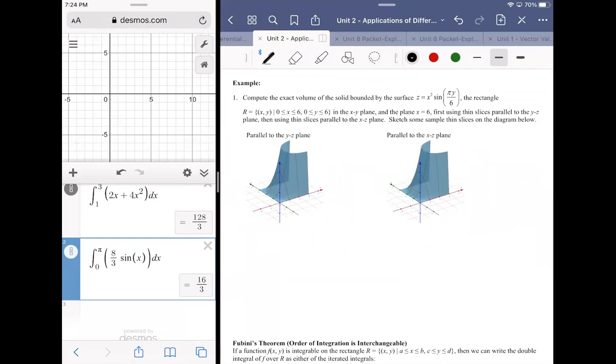Now, I wanted to take a minute and show you how you type in a restricted domain using GeoGebra, but it'll take me going over to a laptop or a computer screen. So just bear with me for a sec while I set it all up. It's worthwhile.